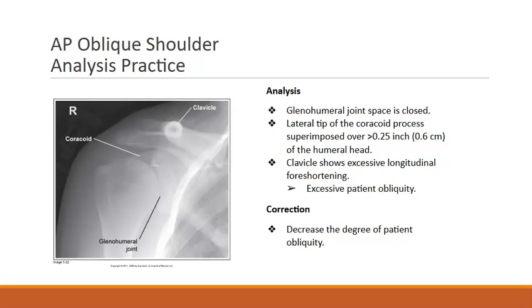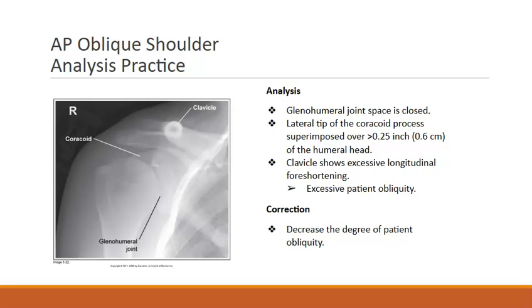In this case, it is closed once again. The coracoid process is superimposing more than one third of the humeral head. The clavicle demonstrates excessive foreshortening. This should all indicate to you that the patient was excessively obliqued.